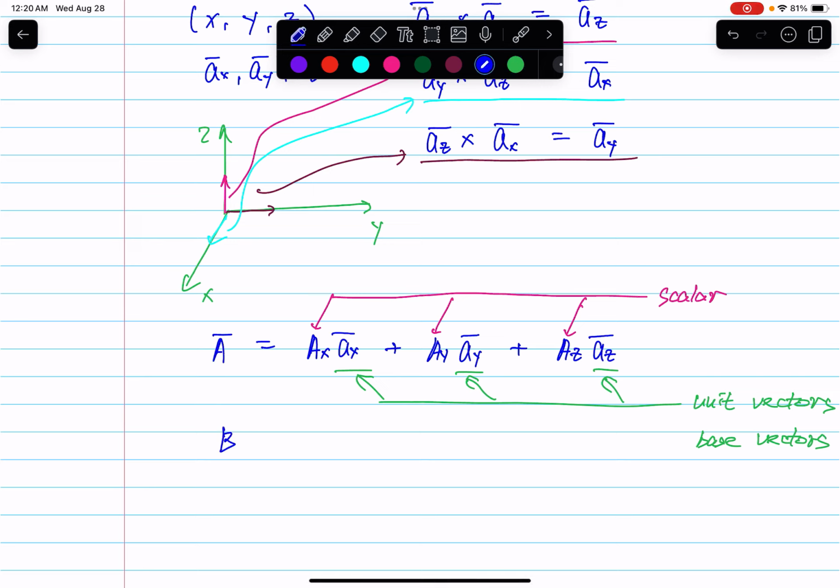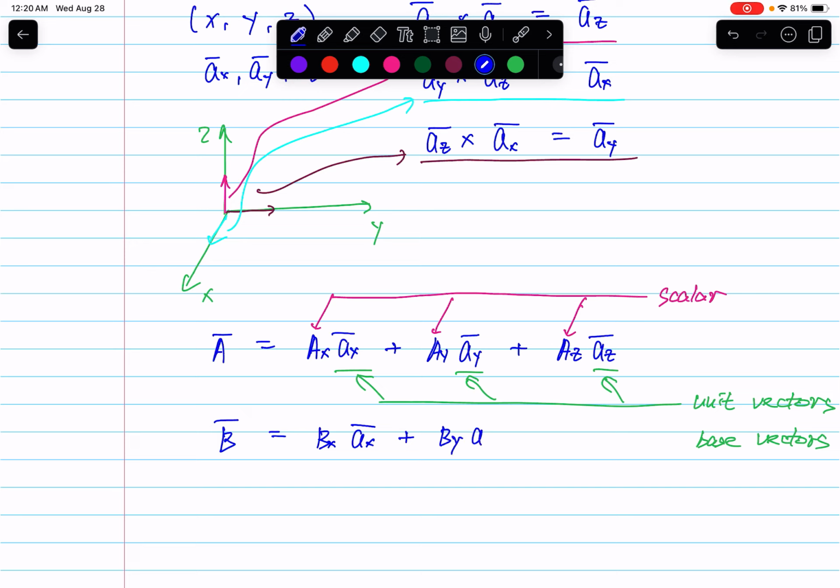Similarly, vector B would be bx ax, by ay, bz az. The base vector doesn't change.